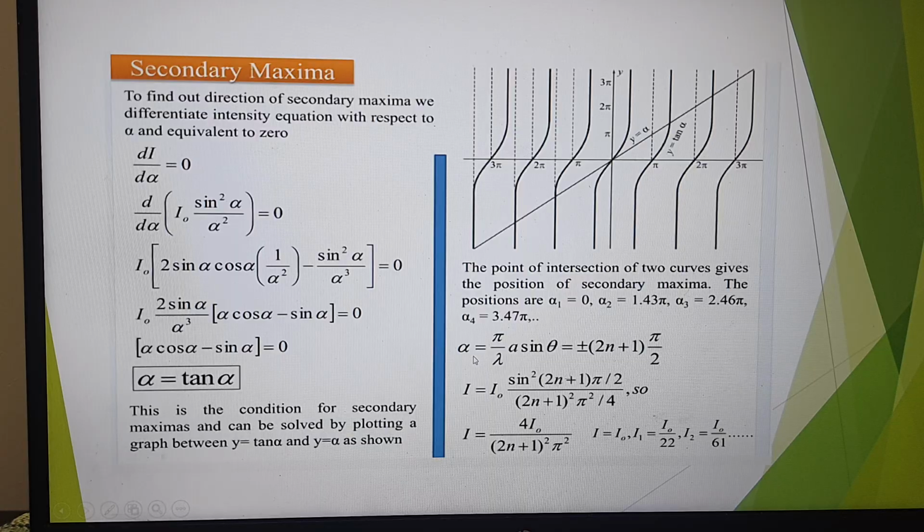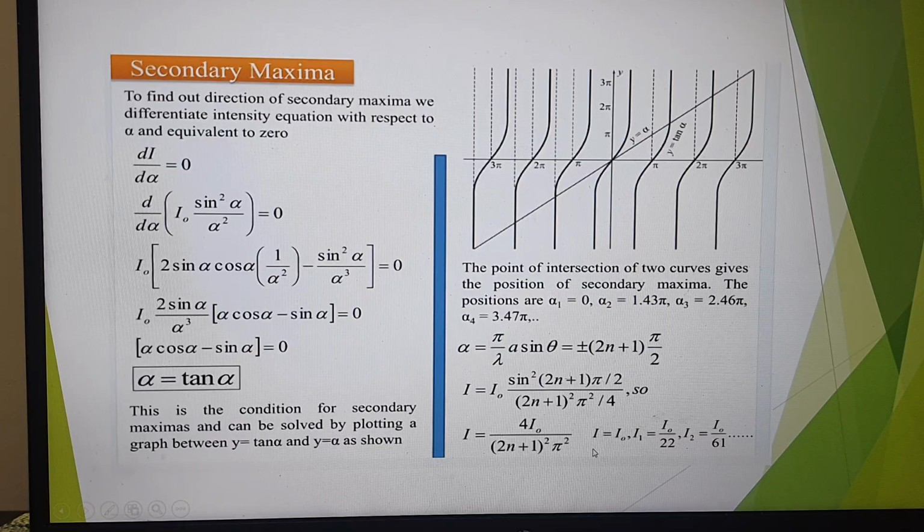Then take the alpha values, that is pi by lambda a sin theta, equal to plus or minus 2n plus 1 into pi by 2. Here we can substitute the values, that is I equal to I naught sin square of (2n plus 1) pi by 2, by (2n plus 1) whole square pi square by 4, because we have 2 pi's here, that is why pi square, and finally I will get 4 I naught by (2n plus 1) whole square pi square.